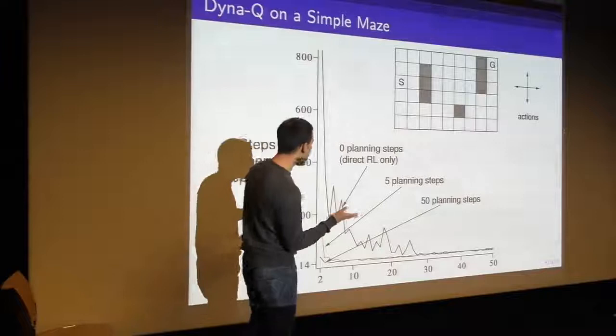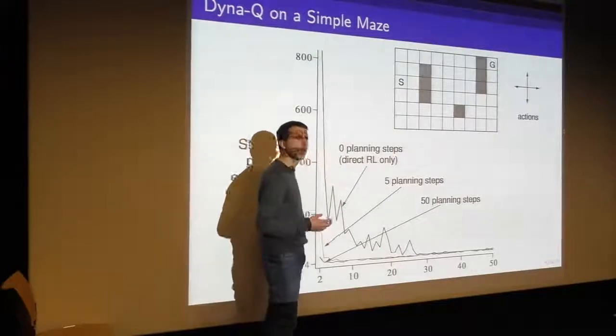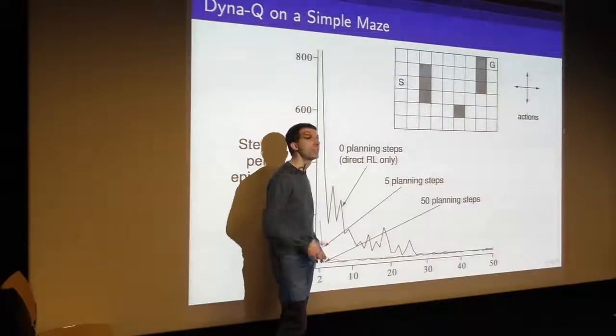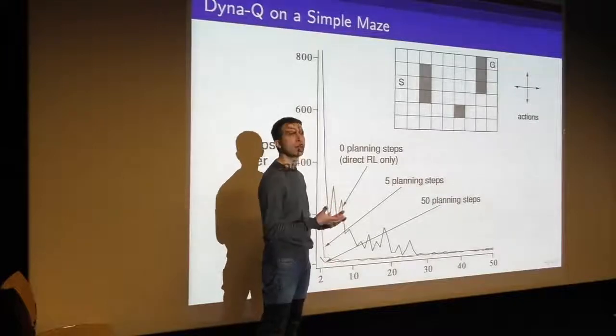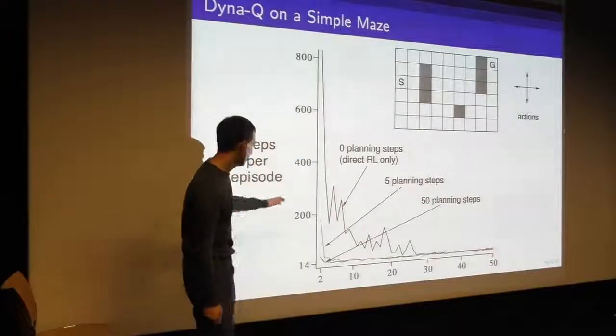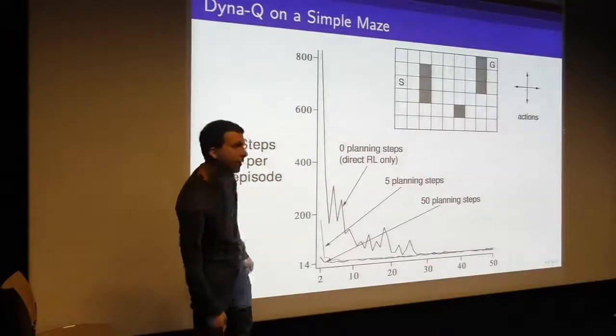But if we start to plan, say just 5 imagined steps for every real step we take, we see that we're much more efficient, much more data efficient. After just a couple of episodes, we've already figured out how to get to the goal. We're almost at the optimal solution already, which is down around 14 here.